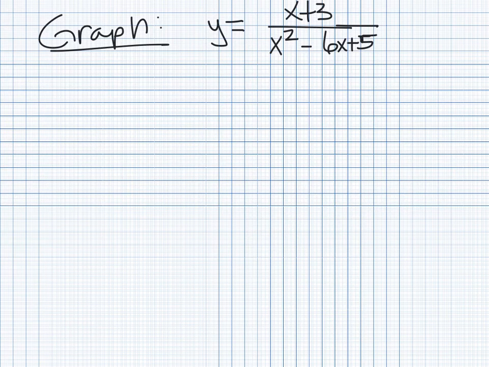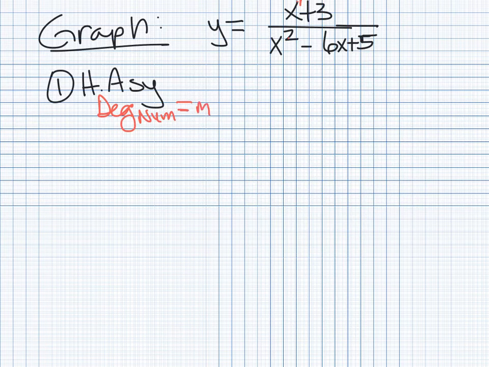Okay, so we are going to graph this. Step 1, we want to figure out our horizontal asymptotes. And we do that by using those rules, looking at the degrees of our function. So we have a degree of 1 in the numerator and a degree of 2 in the denominator. So the degree of our numerator is our m, which is equal to 1 in this problem.